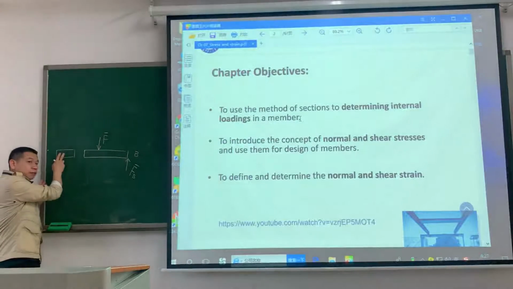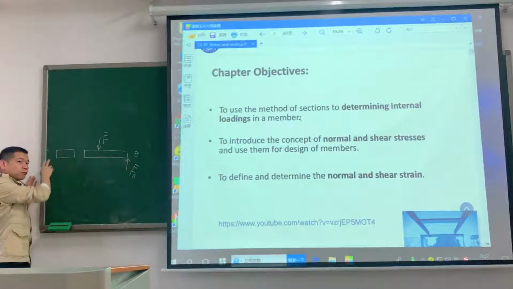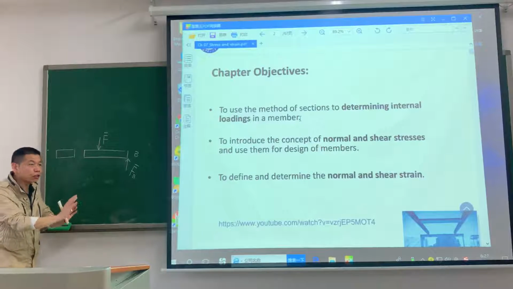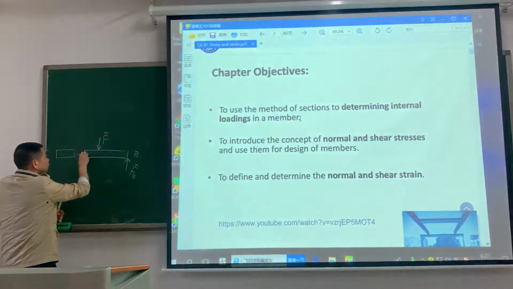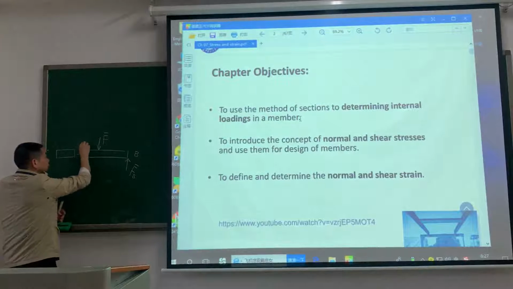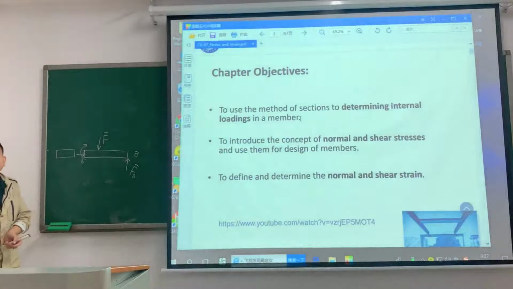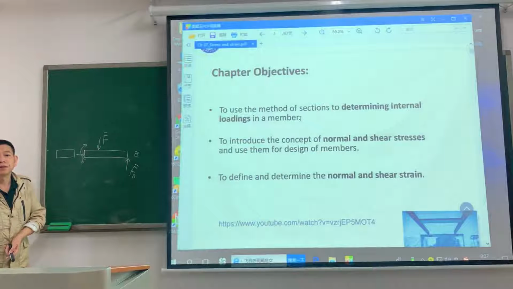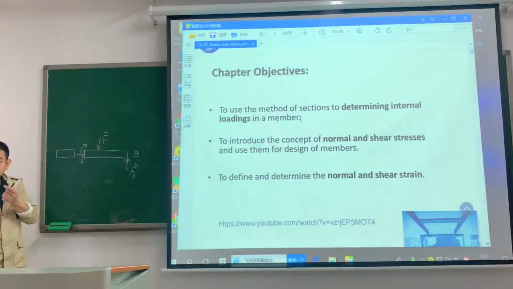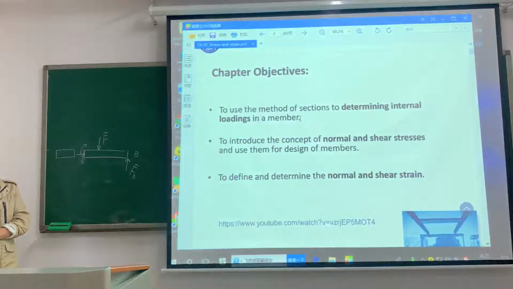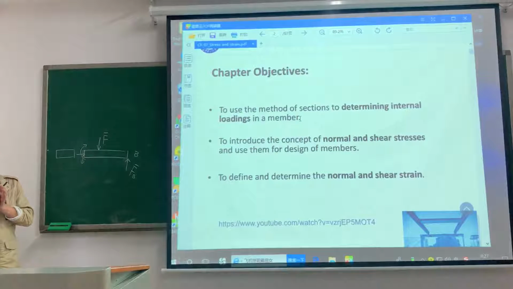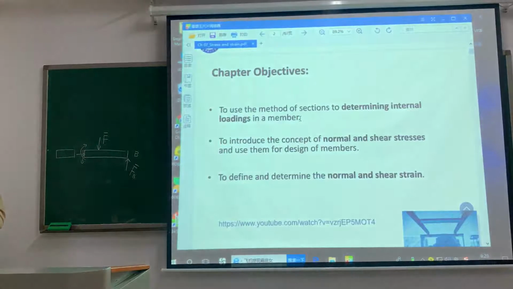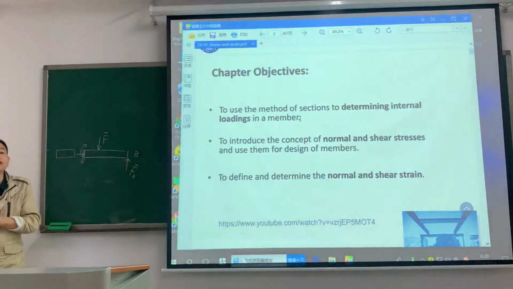The left part will act with a force on the right part. This force we call internal force. One part exerts a force on the other part. That force is the internal force.